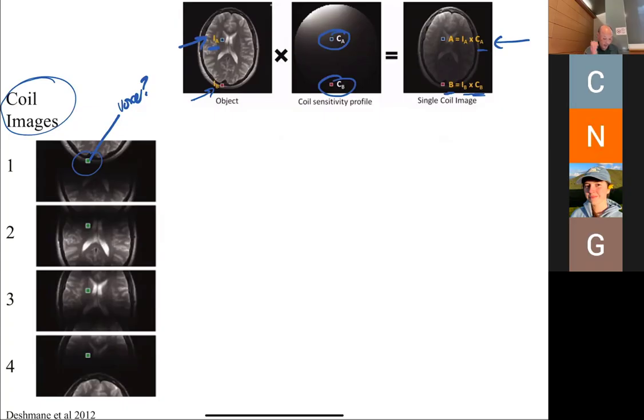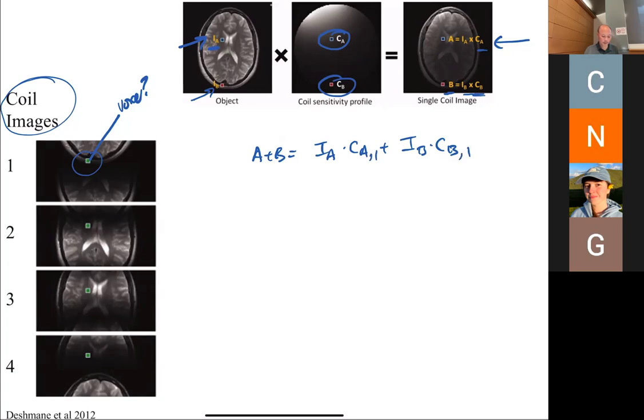But what I actually get when they're aliased is A plus B, which is equal to IA times CA plus IB times CB, for the first coil, coil one.